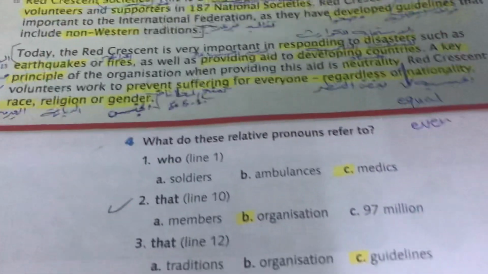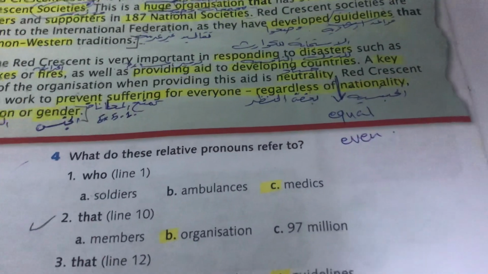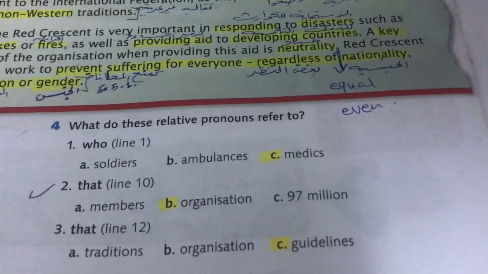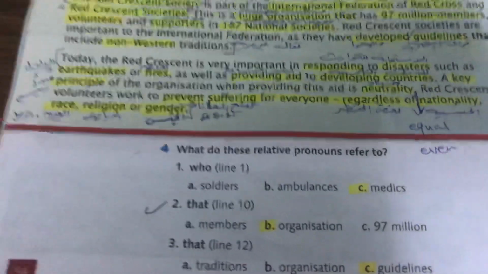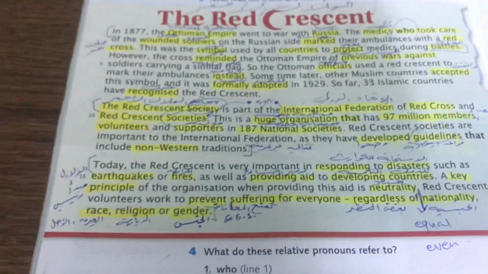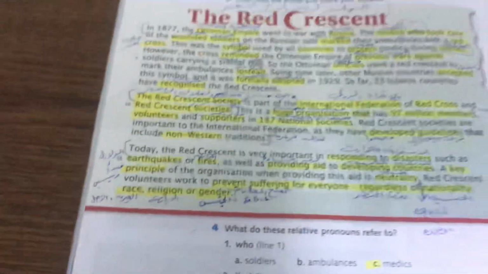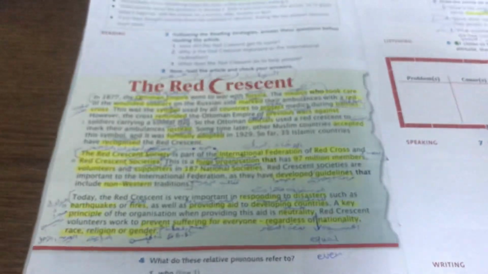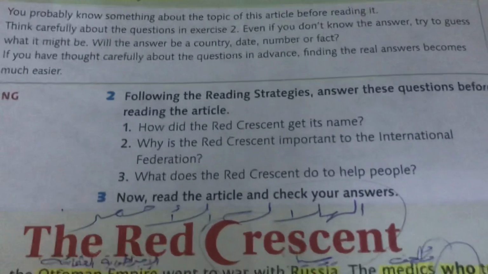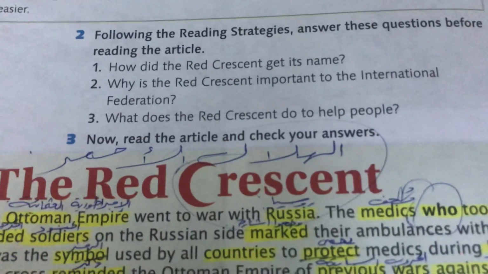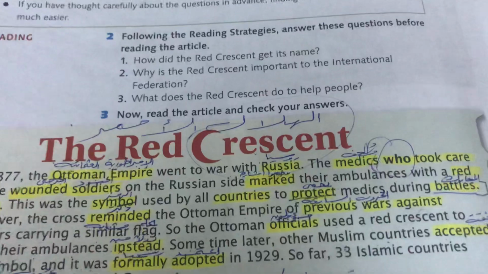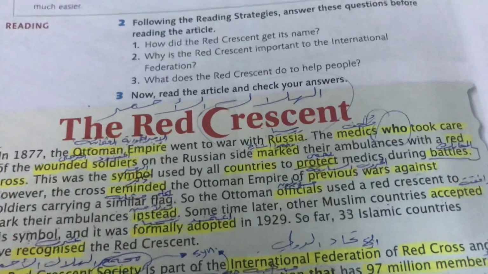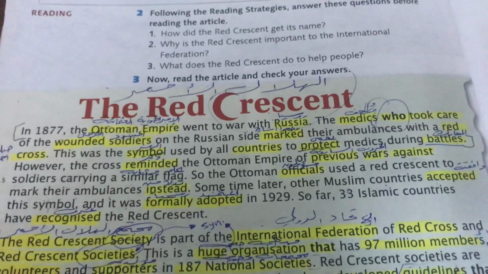So number 3, that in line 12 refers to guidelines. تمام. So now after analyzing our text and understanding the main points in it, you guys go back to these questions and try to have an answer for them. And now we'll go to the board in order to sum up what we talked about.